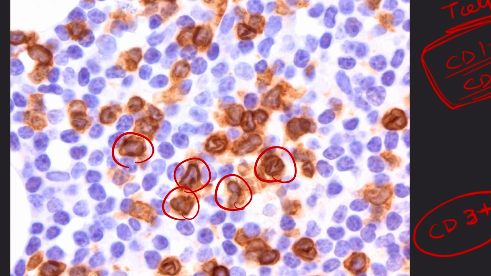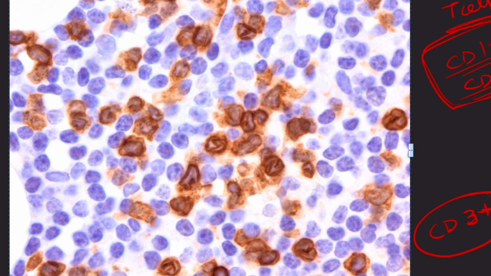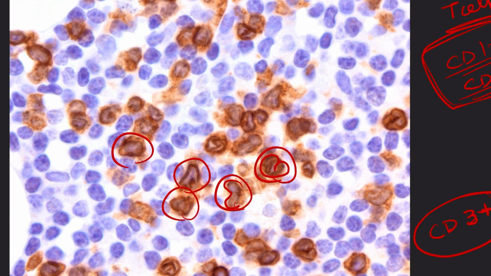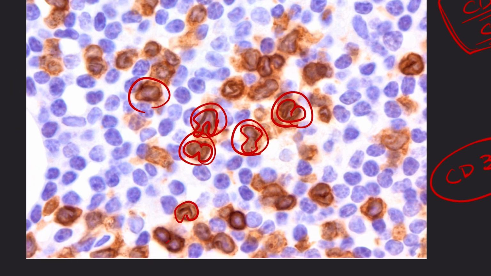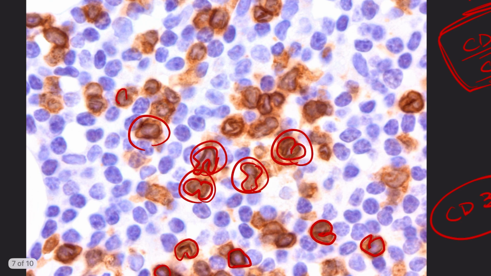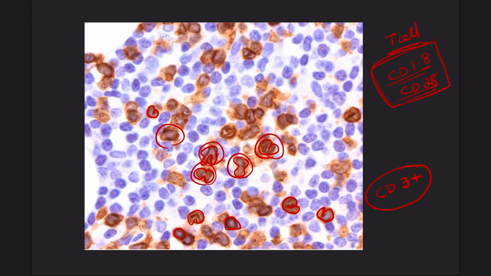Here you can appreciate very well the cerebriform surface, the irregular nuclear membrane with cerebriform nucleus. It almost looks like the gyri and sulci of the brain. These are CD3 positive cells.